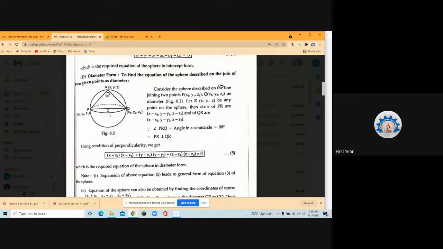Find the equation of sphere whose diameter is the join of the points 2 comma minus 3 comma 1 and 1 comma minus 2 comma minus 1.